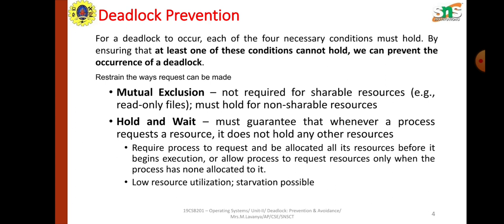The process is required to request and be allocated all its resources before execution, or the process is allowed to request resources only when it has none allocated to it. Either the process should not hold any resources, or the previously allocated resources must be freed from that process. Then only the newly requested resources can be allocated to that process.